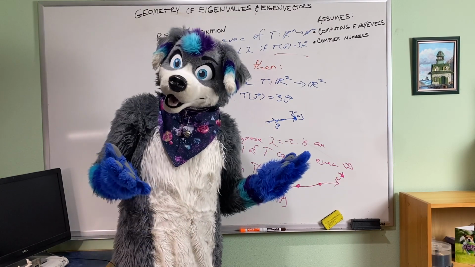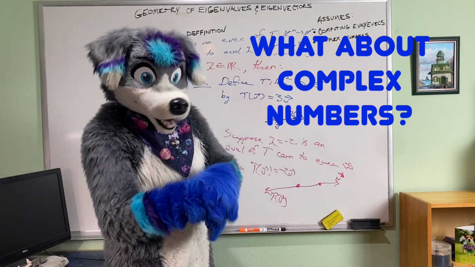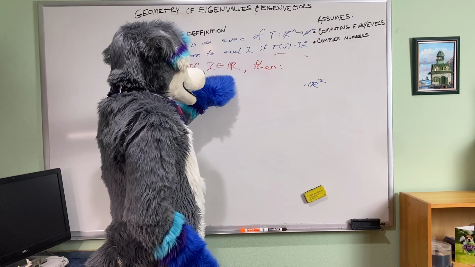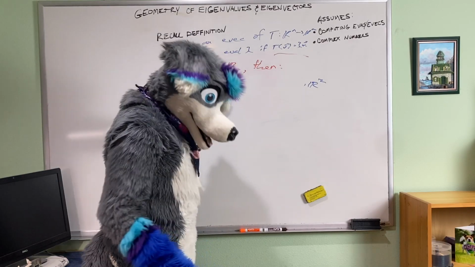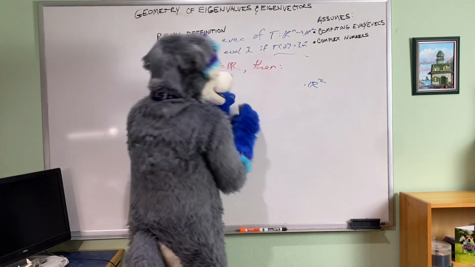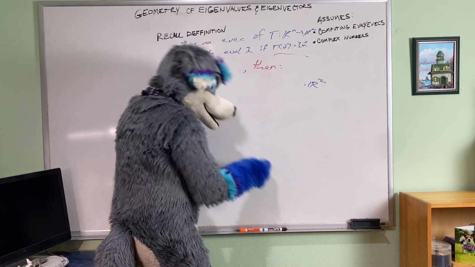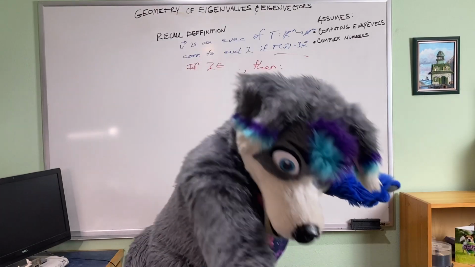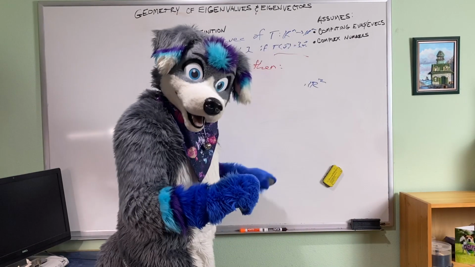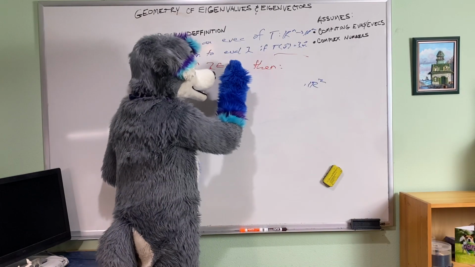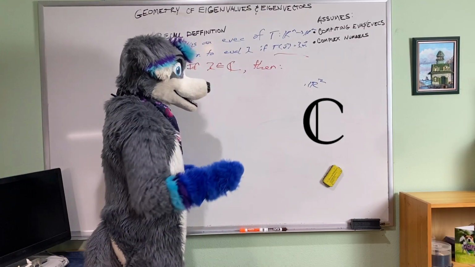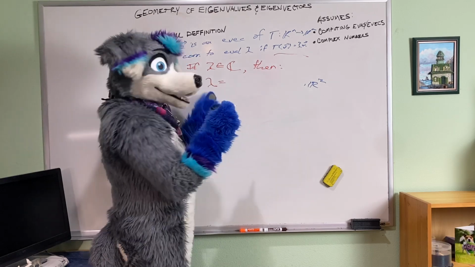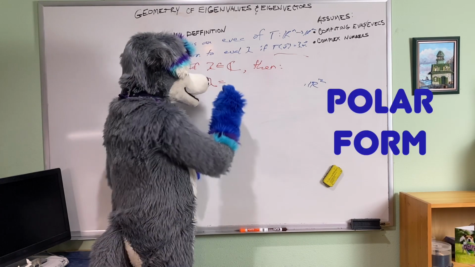But we have complex numbers. So what about complex eigenvalues? That's a great question. Well, let's say, what if your lambda was in the set of complex numbers? So I'll change this R to not an ocean, but a sea. That was stupid, but I did it. C, complex numbers. Now, if you remember things about complex numbers, any complex number can be written in polar form.